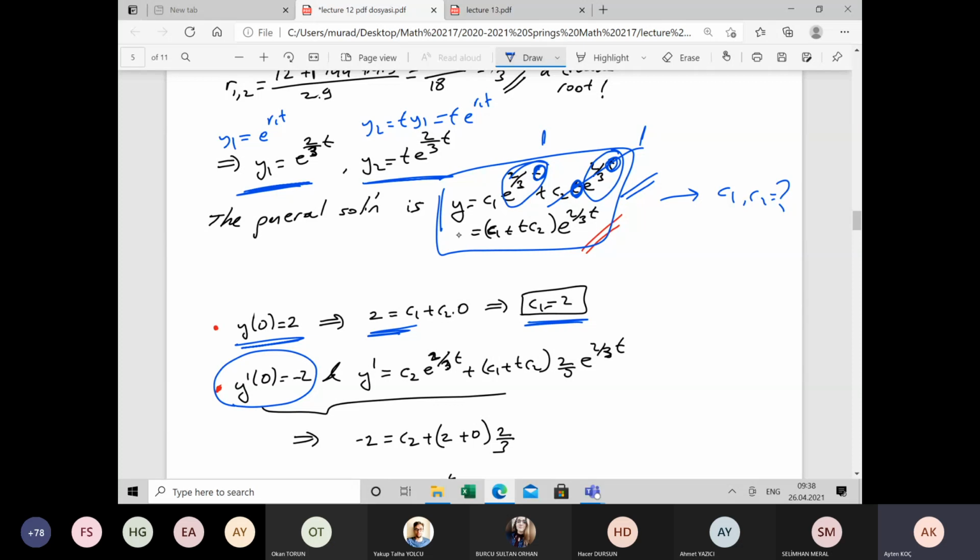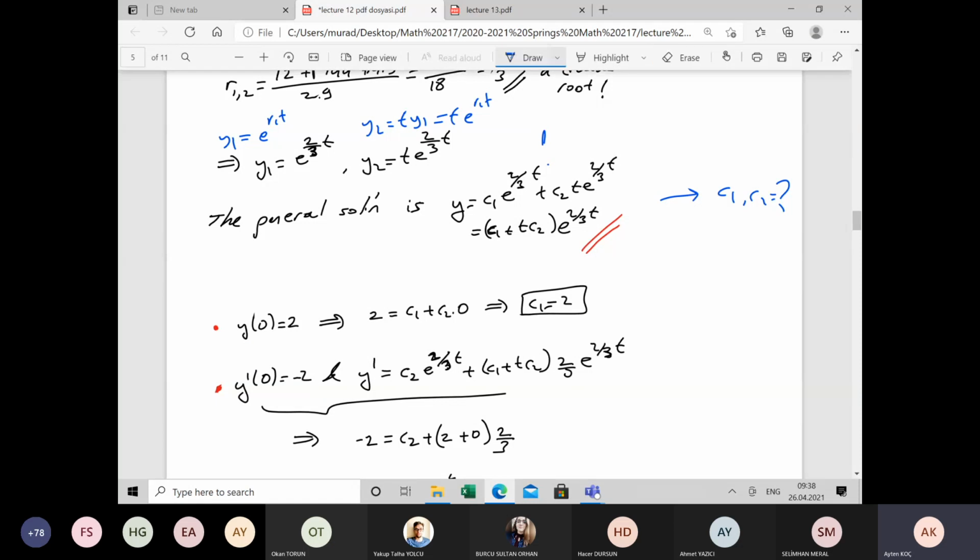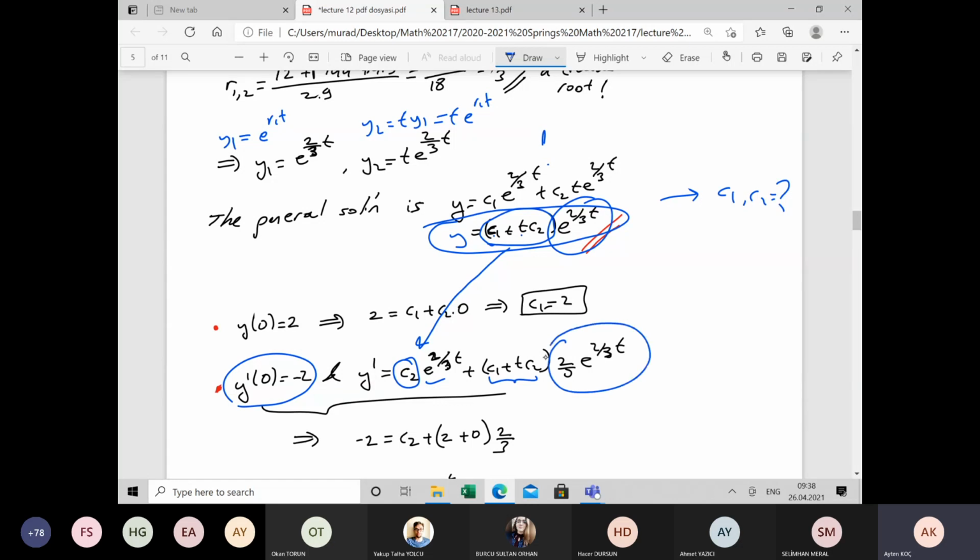The next initial condition is y prime of 0 equals minus 2. You have to compute y prime using the product rule: the derivative of the first factor, 0 plus 1 times c2, times the second factor, plus the first factor times the derivative of e to the 2/3 t. So we obtain this one.